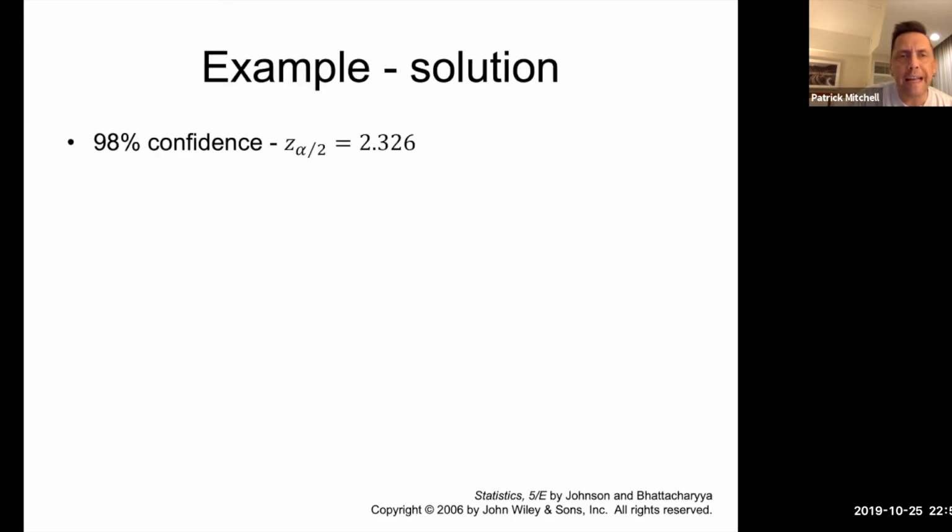First of all, for 98% confidence, I think we just recently did an example of a 98% confidence interval. Z sub alpha over 2 is 2.326. I believe that value is in one of those little tables that you have showing you the different values of Z sub alpha over 2 for different confidence levels.